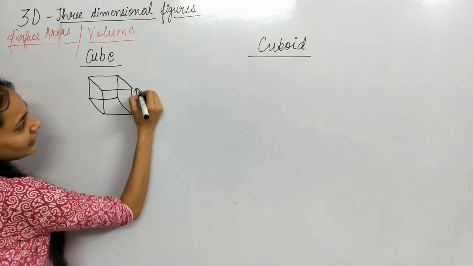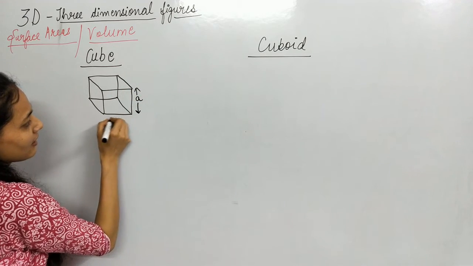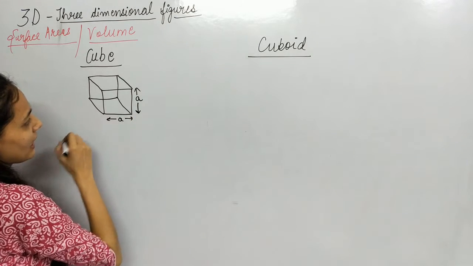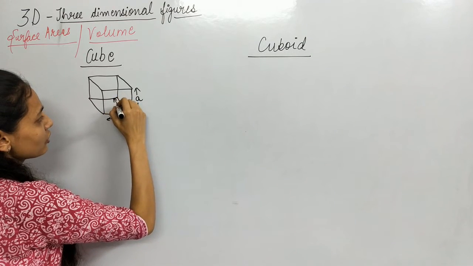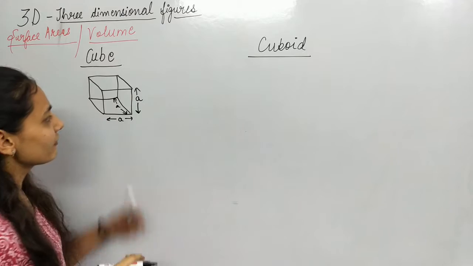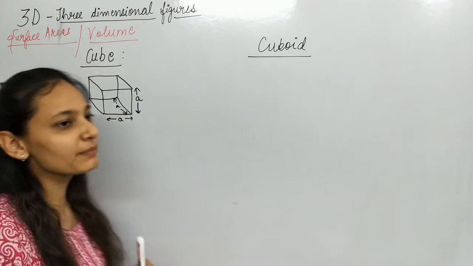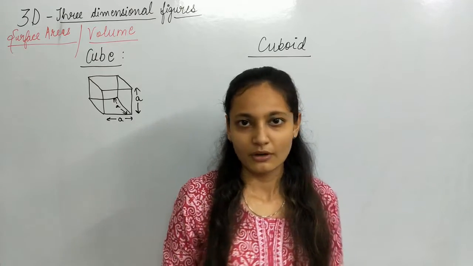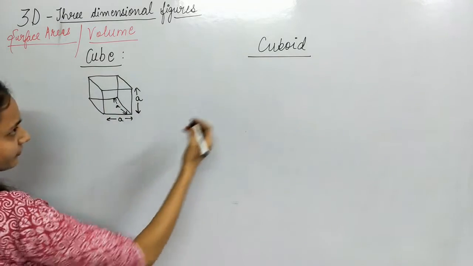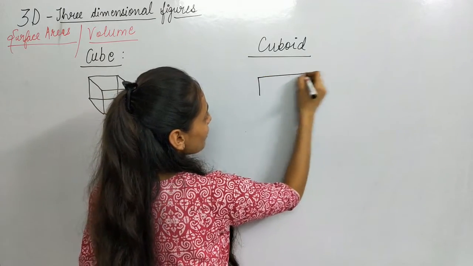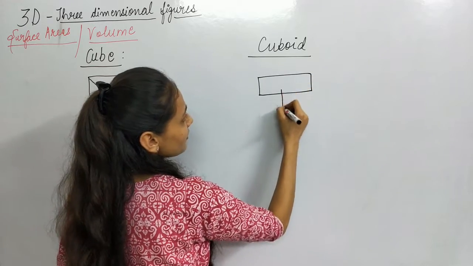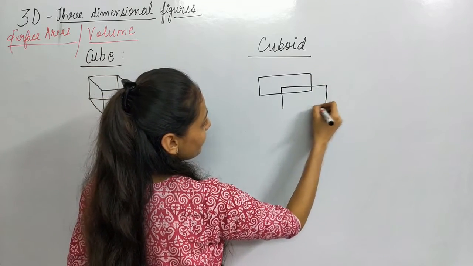If length of this is a, breadth is also a, and height is also a. If length, breadth and height are all the same, that is a cube. Cube is made up of squares. And cuboid is of the form in which length, breadth and height are different.